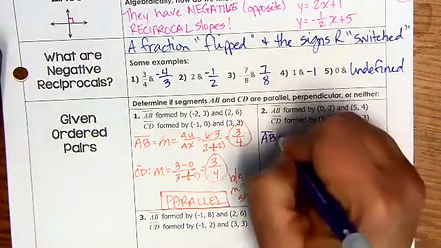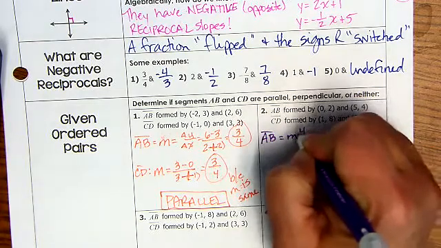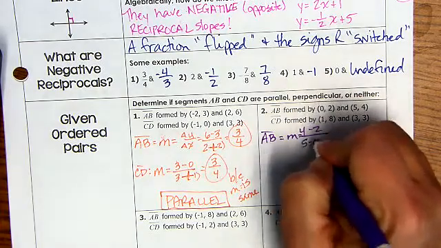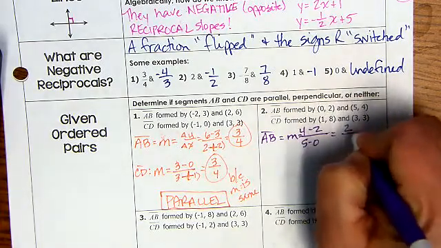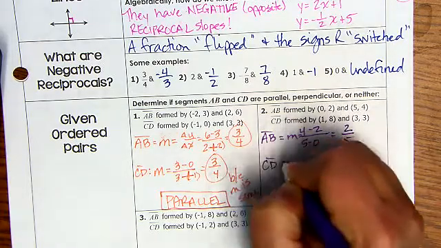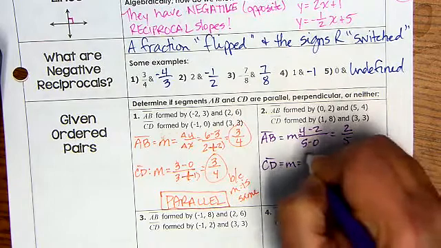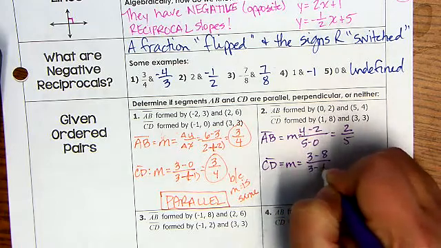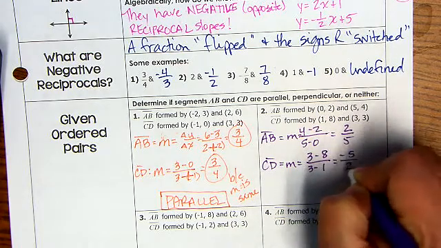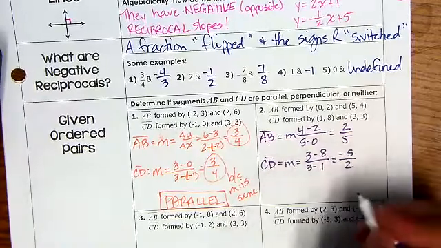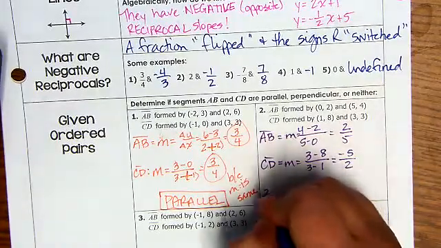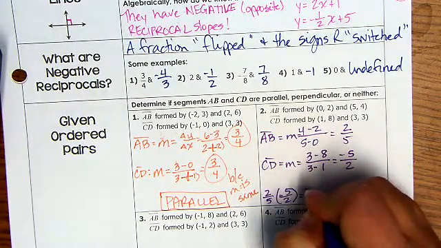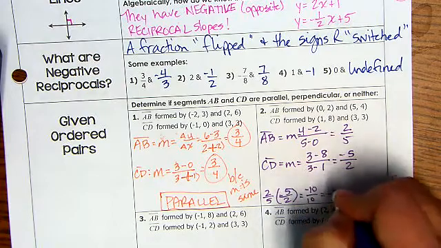Okay, looking at number 2. Doing the same thing. I've got to find the slope. So M equals 4 minus 2 over 5 minus 0, which is going to give me 2/5. CD, M equals 3 minus 8 over 3 minus 1, which gives me negative 5 over 2. Oh, and if I multiply these, 2/5 times negative 5/2, that's going to equal negative 10 over 10, which is negative 1.